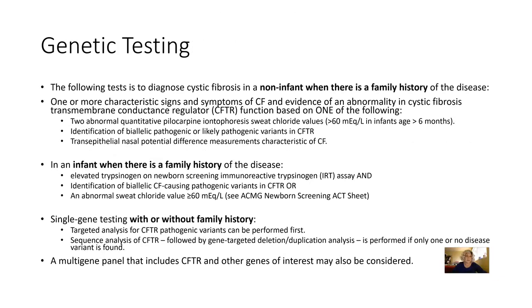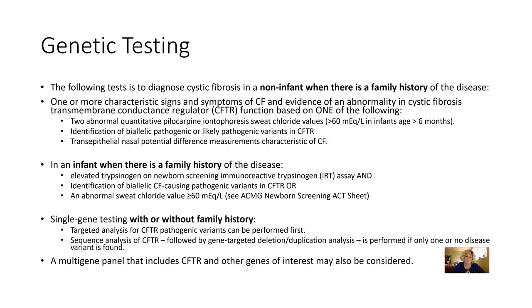So here's the genetic tests. The following test is to diagnose cystic fibrosis in a non-infant when there is a family history of the disease. One or more characteristic signs and symptoms of CF and evidence of an abnormality in cystic fibrosis transmembrane conductance regulator function based on one of the following.